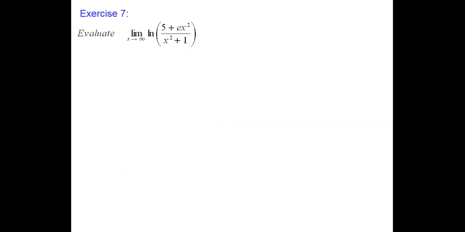Okay, let's maybe do this one, and then we can jump to derivatives. This is just ln of this quantity. And this quantity, we can see it's similar to the shortcut I did for the exponential. That's rational function 5 plus e x squared over x squared plus 1.